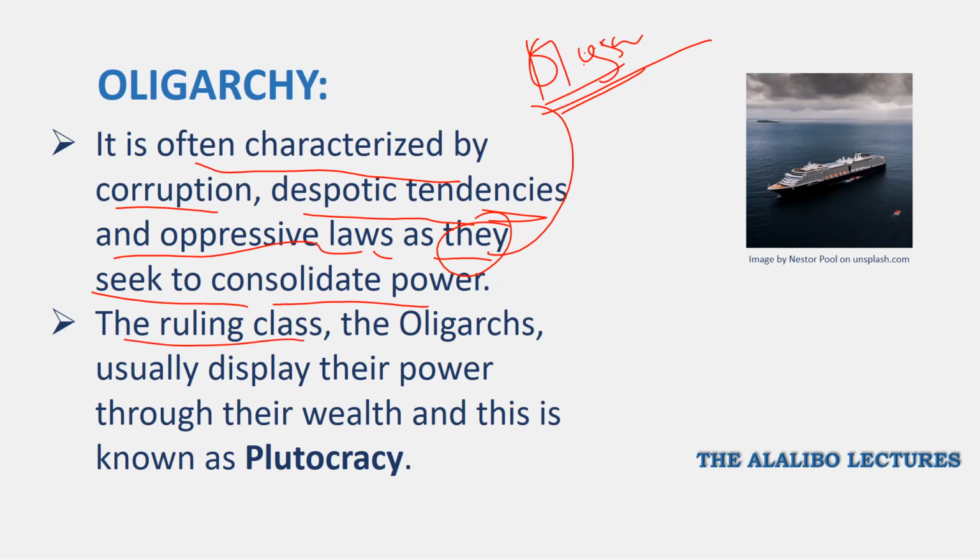The ruling class, the oligarchs, right, usually display their power through their wealth, and this is known as plutocracy, right? So it's important to understand this term as well. Plutocracy, what does that mean?